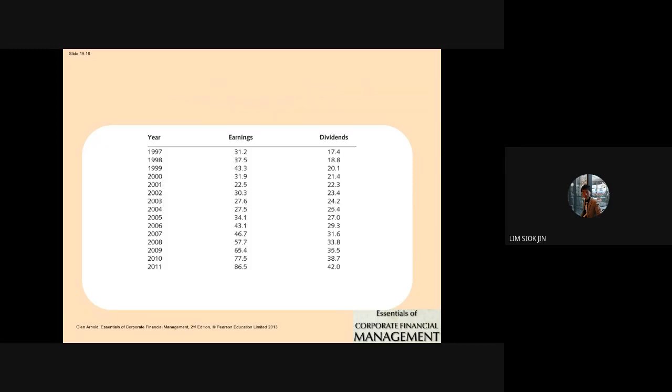All right. Take a look at this example. You see, from year 1997 to year 2011, almost 13 years, every year the company makes earnings: 31.2 million, 37.5 million, 43 million.